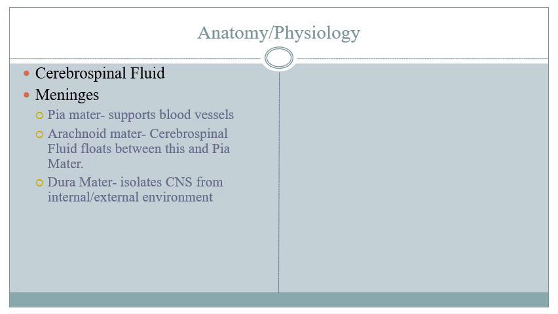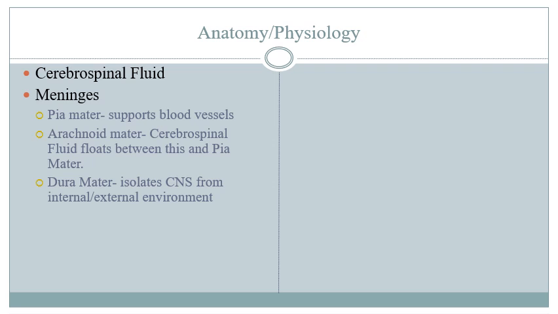Then you have the meninges, which are a three-layer connective tissue structure that supports the central nervous system. The innermost layer is the pia mater, which lies directly against the brain and spinal cord and helps to support the blood vessels that supply the nerves and tissues in the area.